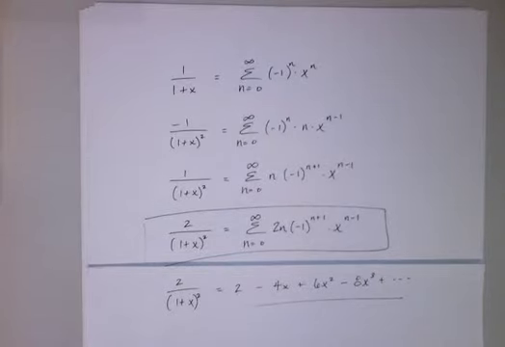Now, the only thing you need to remember is that when you take the derivative or integrate a known power series, the radius of convergence remains the same. The interval, however, might change because the endpoints might change, okay?